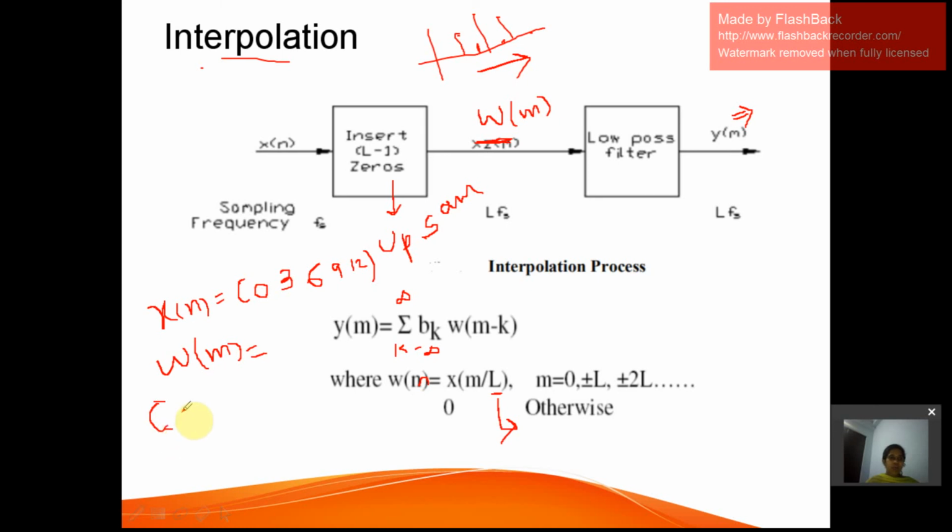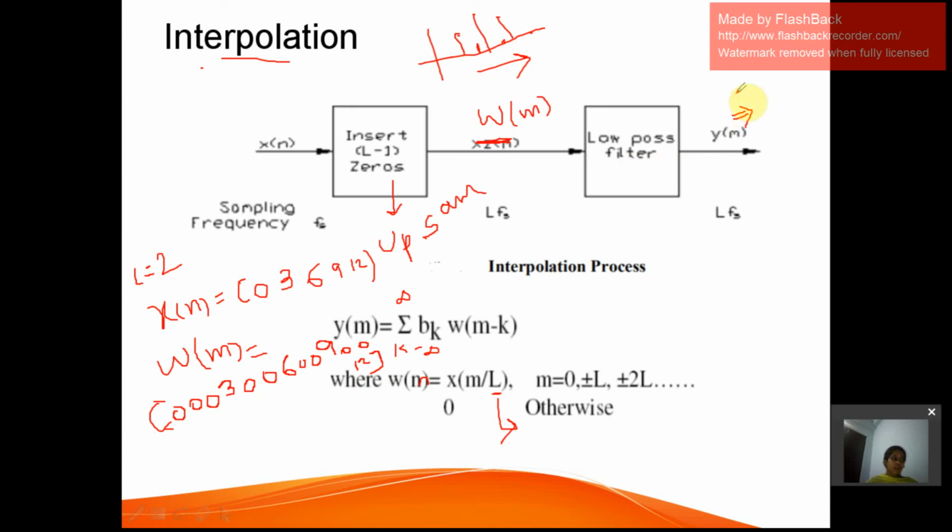Take the interpolating factor L as 2, and just pad with zeros: 0, 0, 3, 0, 6, 0, 9, 0, 12. So this is the output W of m.